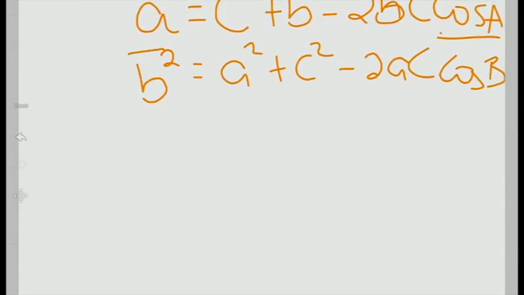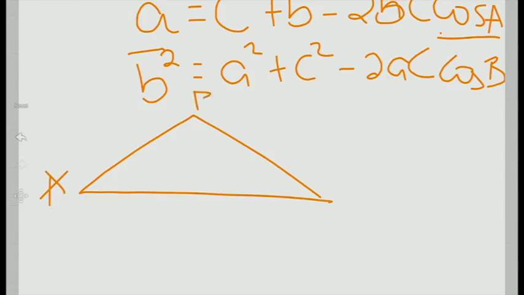Let's look at some examples so we can work out the cosine formula, where you are given two sides and one angle. For example, we have triangle ABC with angle A of 30 degrees here, 5 centimeters the side and 5 centimeters the side.